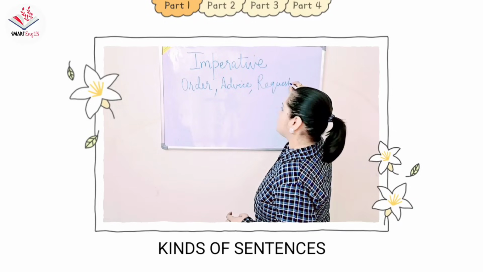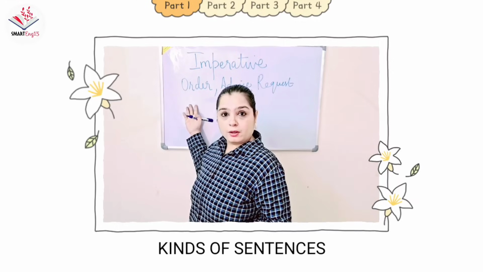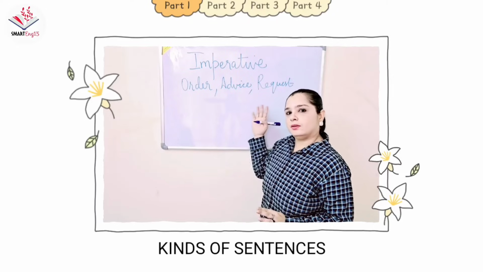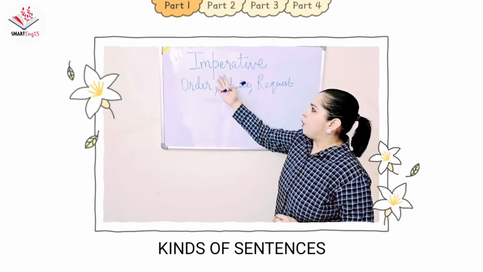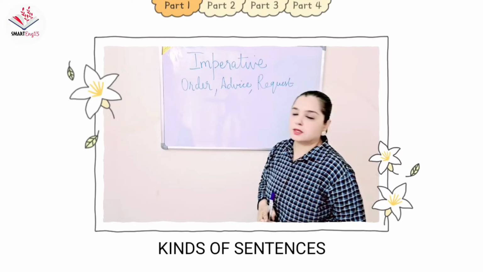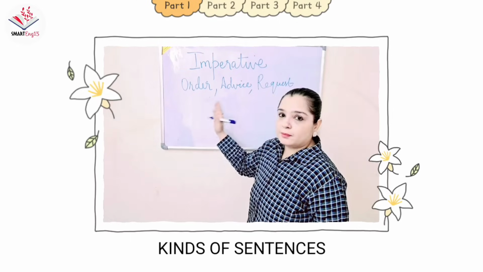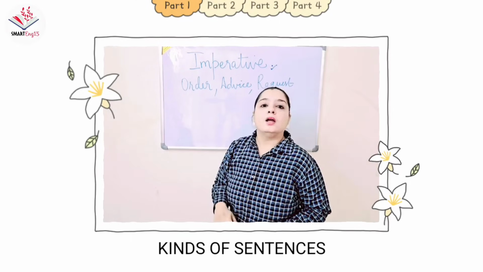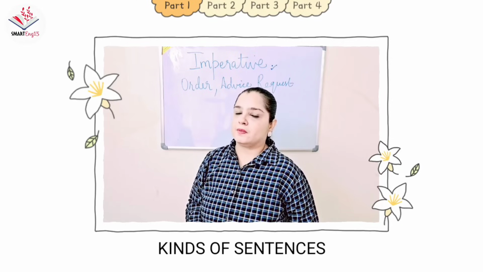The sentences in which there is an order, which we call a command, or there is advice, or there is a request, we call an imperative sentence. And for your information, we end these kinds of sentences using a full stop only. This is the punctuation mark which will be used with imperative sentences.